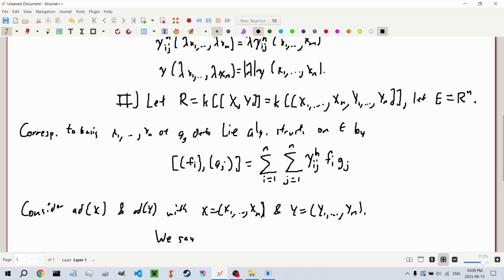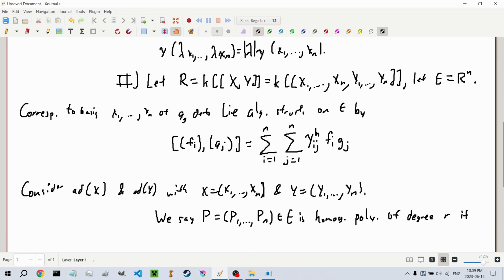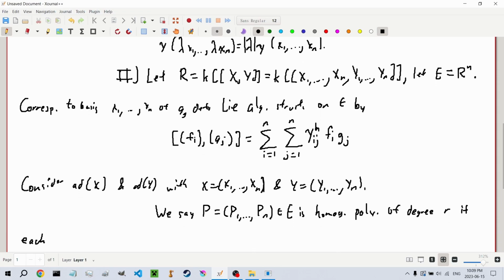Then we say that P, consisting of P1 through Pn in E, is a homogeneous polynomial of degree r if each P_i is a homogeneous polynomial of degree r.